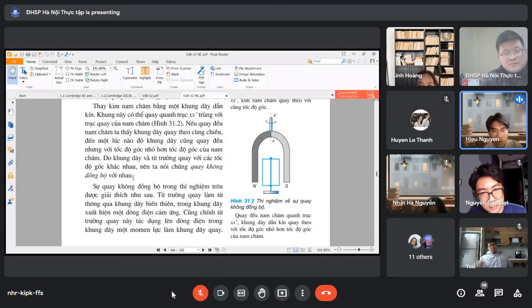If we rotate the bar magnet, I think that the magnetic flux through the coil will change over time, and then it will induce currents inside that coil.